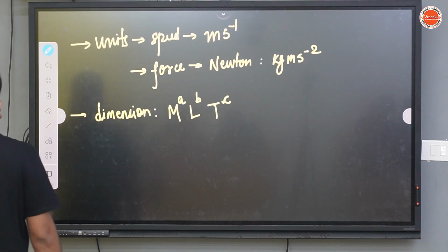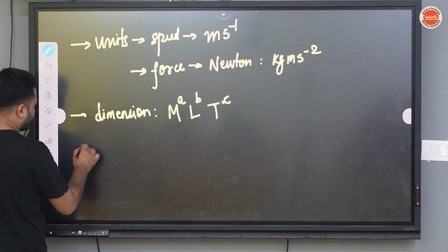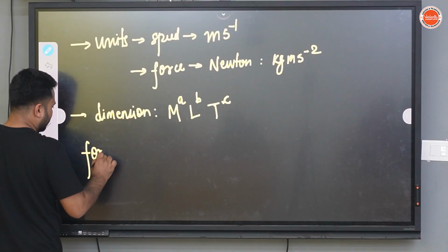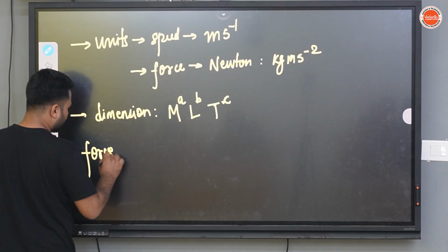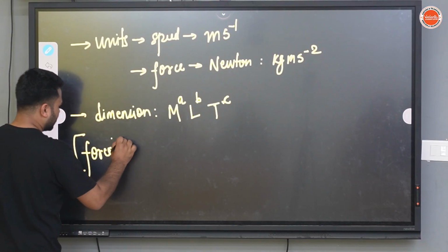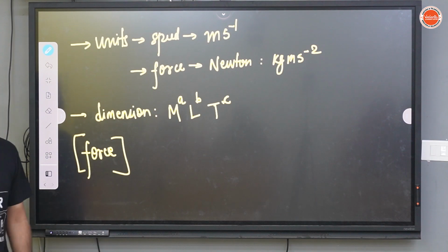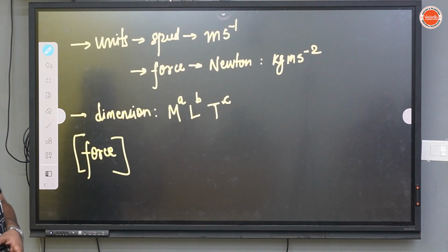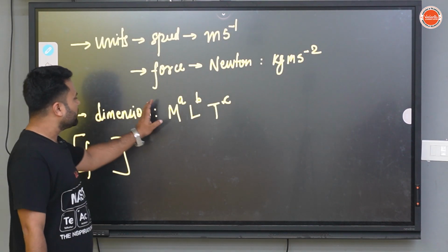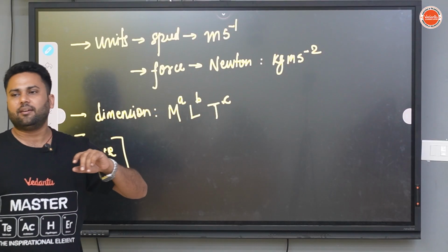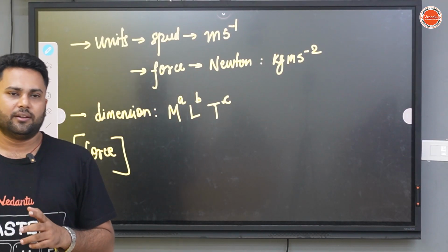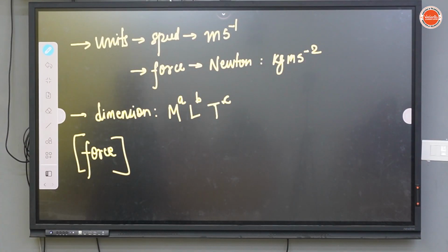Like for example, force. They ask, what is the dimension of force? You have to express force in this form: mass to the power a, length to the power b, time to the power c.